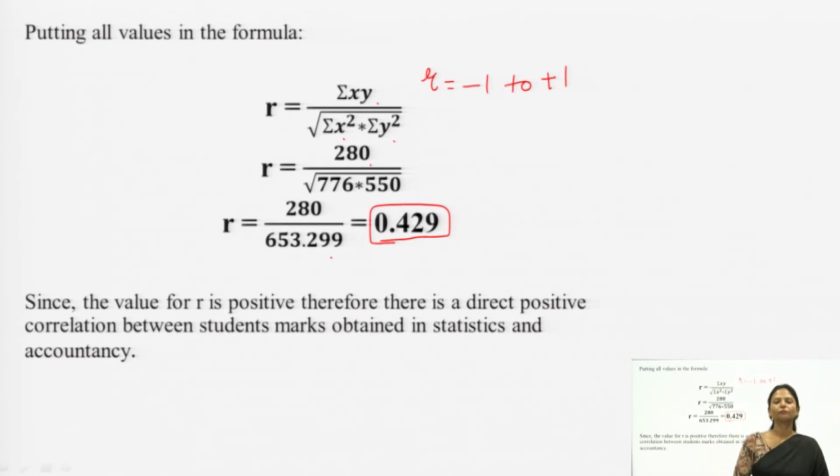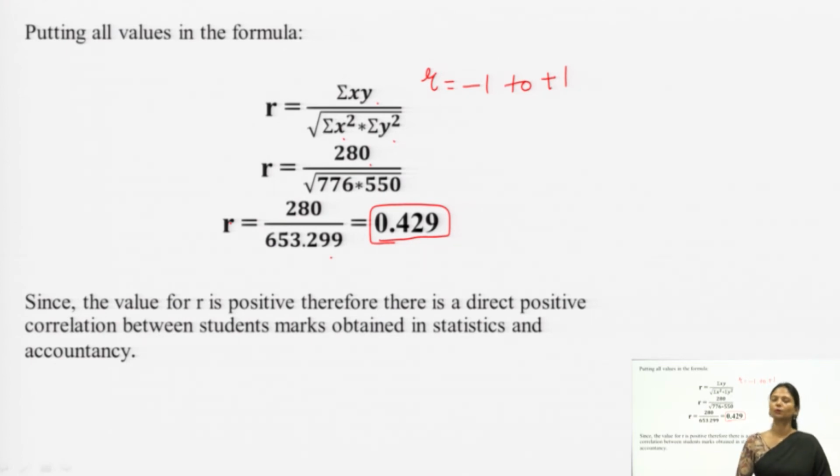It is very clear from the answer that the value is lying between +1 and -1. Since the value of r is positive, since it does not bear any negative sign, there is a positive relationship.